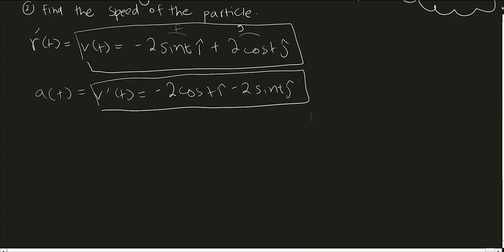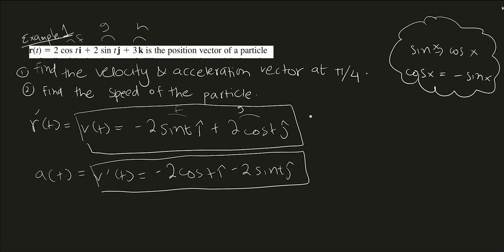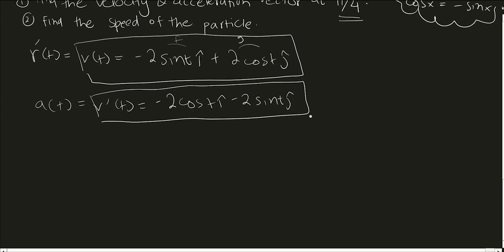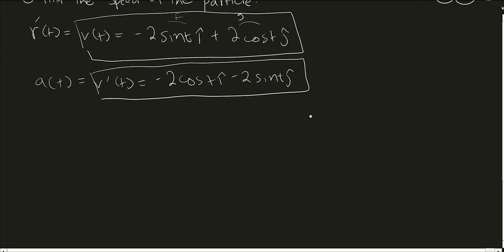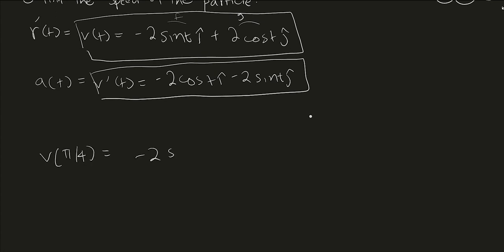Now you just have to evaluate them at pi over 4. So I'm just going to plug them in here. In v(t) we're going to plug in pi over 4. So negative 2 sine of pi over 4 i hat, then plus 2 cos pi over 4 j hat.